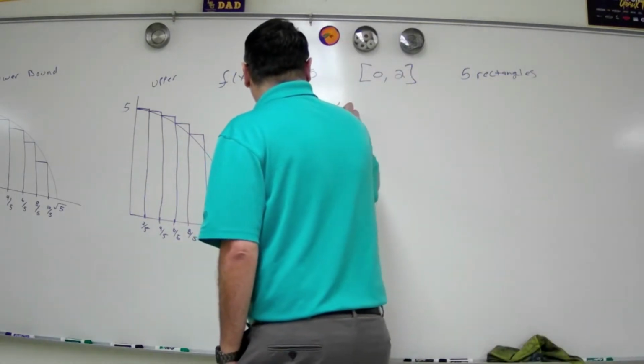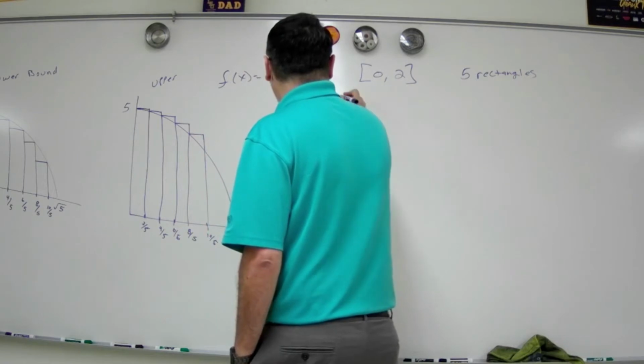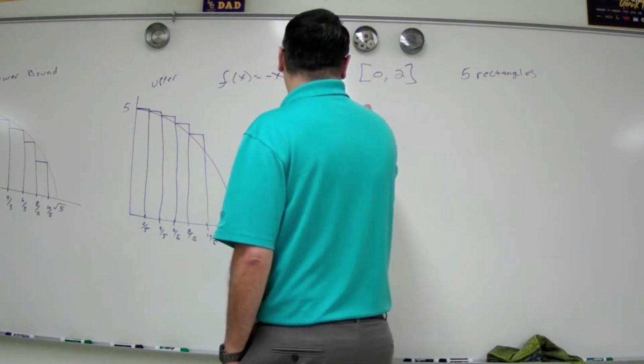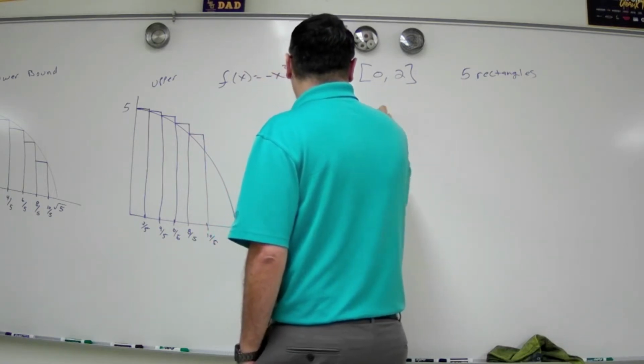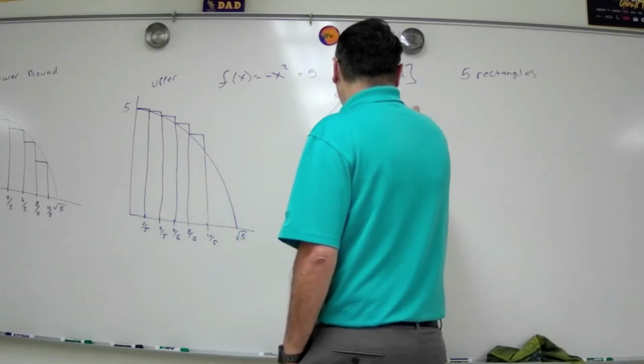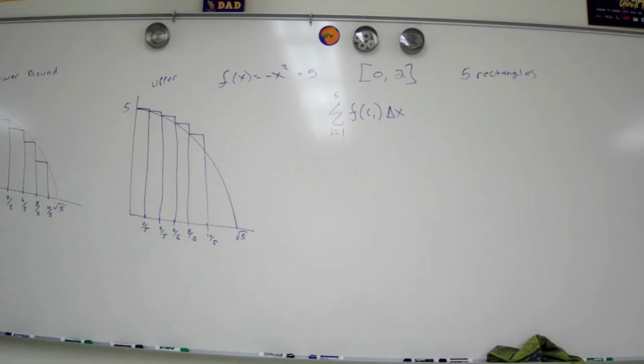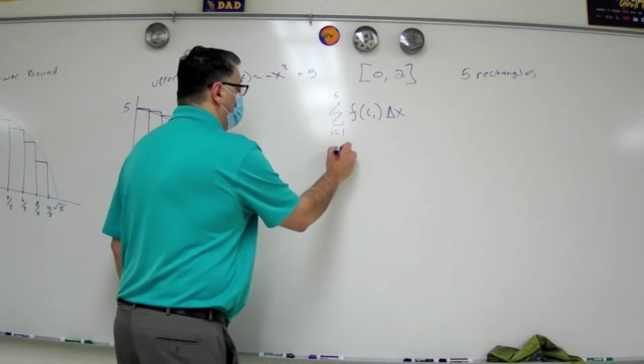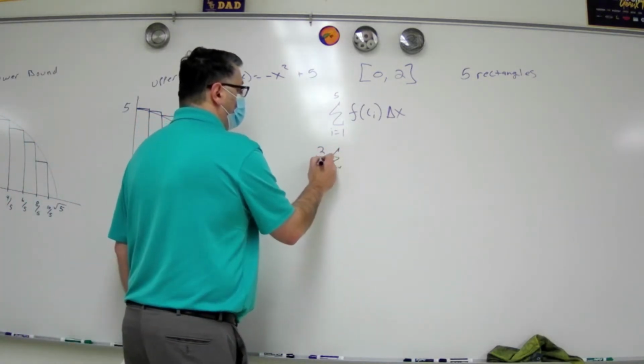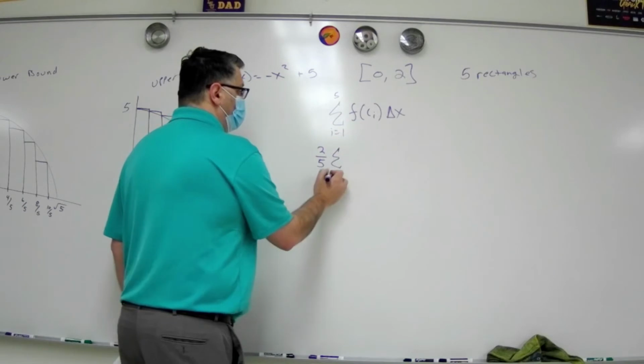So we're going to sum from I equals 1 to 5 of f of c sub I delta x. Seems easy enough, yes? What was my delta x? What's my change in x? 2/5. Okay, so we can do that. Pull the constant out.